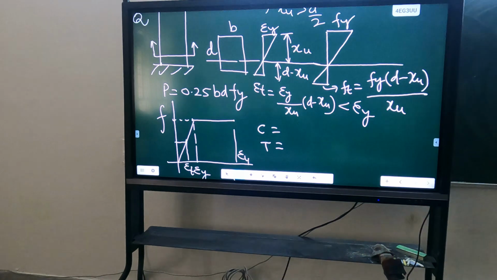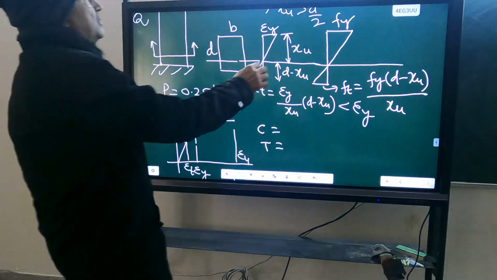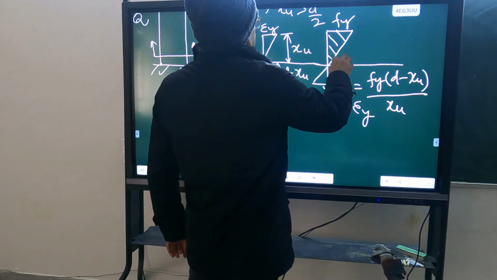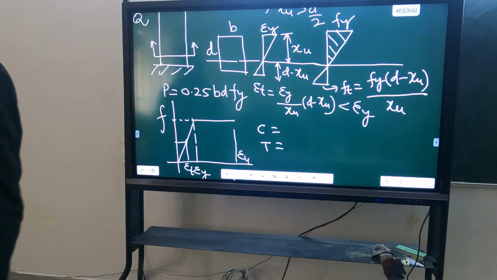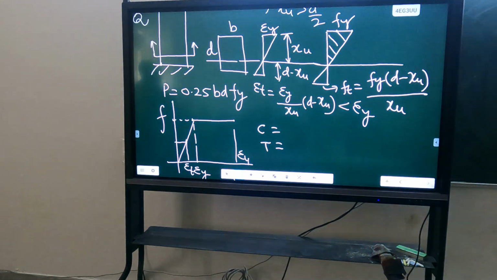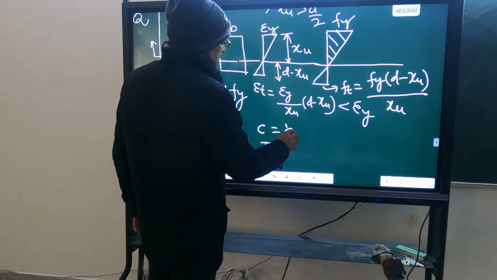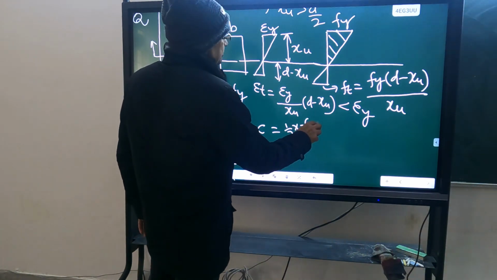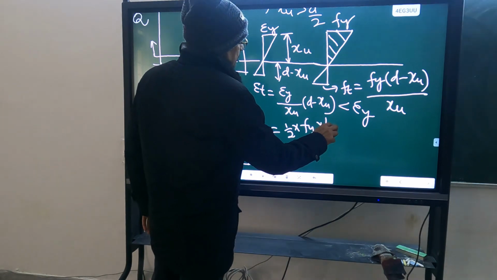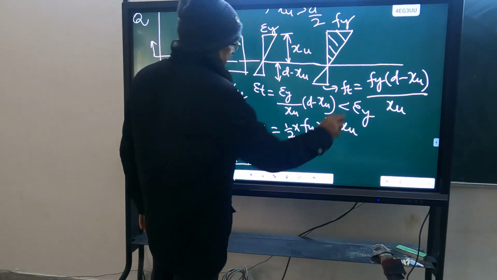You have to just get the area of this triangle multiplied by B, so this will be in terms of xu. So that will be 1/2 into Fy into B into xu.